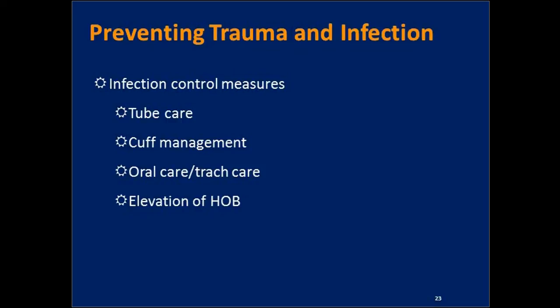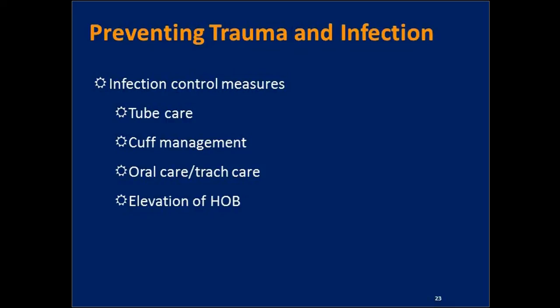Really the only time that you want to reposition or move an ET tube is if it's, first of all, in too far, which would be right mainstem intubation, then we'd want to pull it out, or if it becomes dislodged, it comes out too far, then we would need to call the appropriate healthcare providers and have it replaced if necessary.